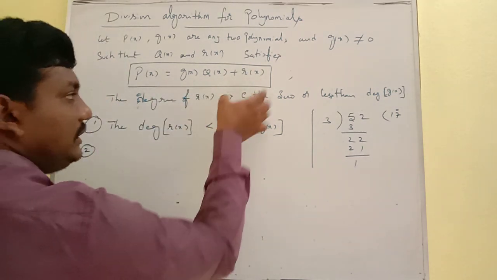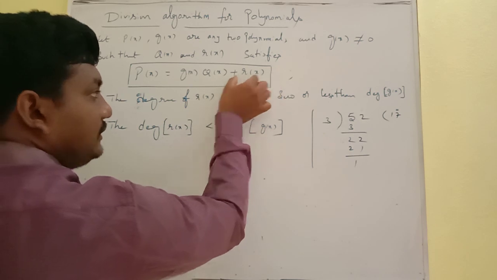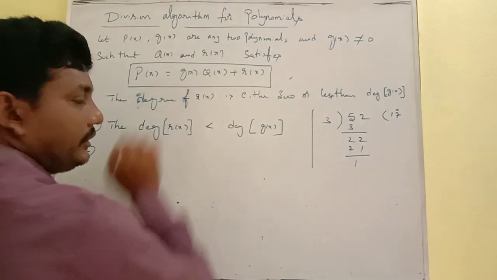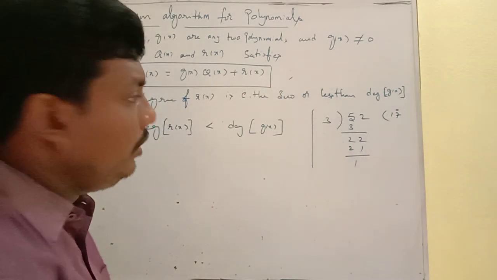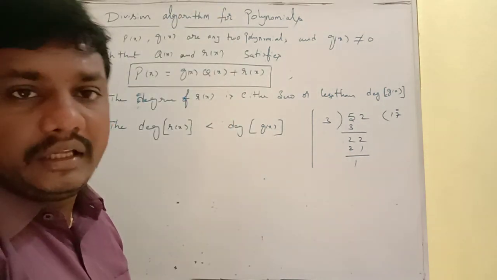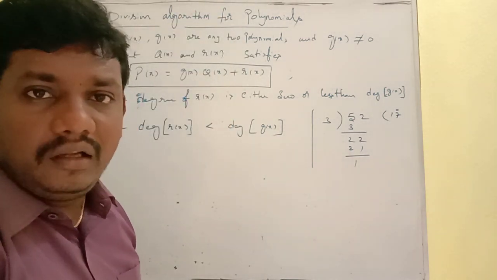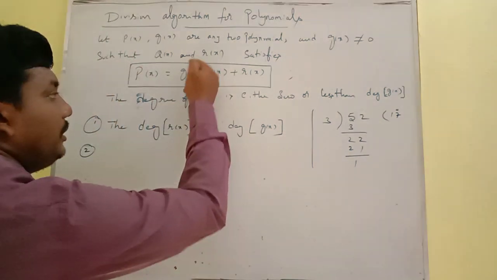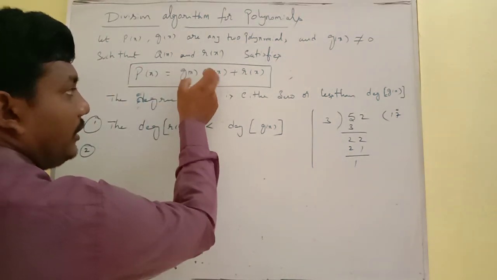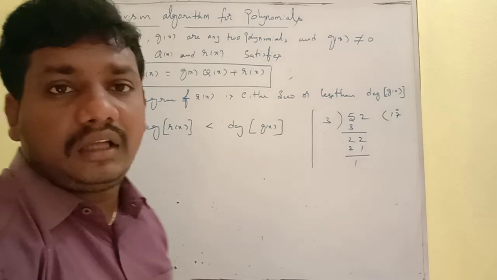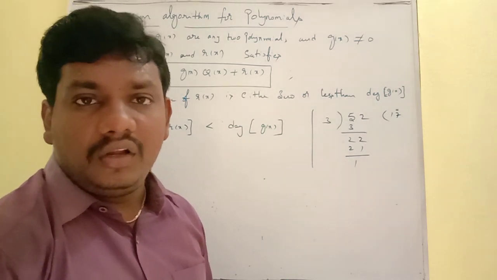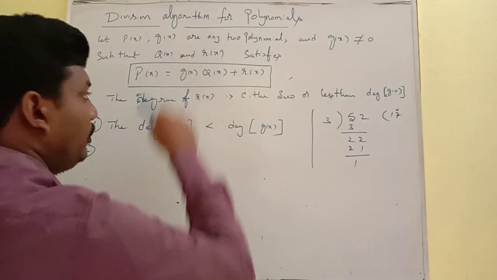Obviously, r of x is added, while these two are a product. As we know, the variable power is called the degree, and under the product condition the powers are added for polynomials.